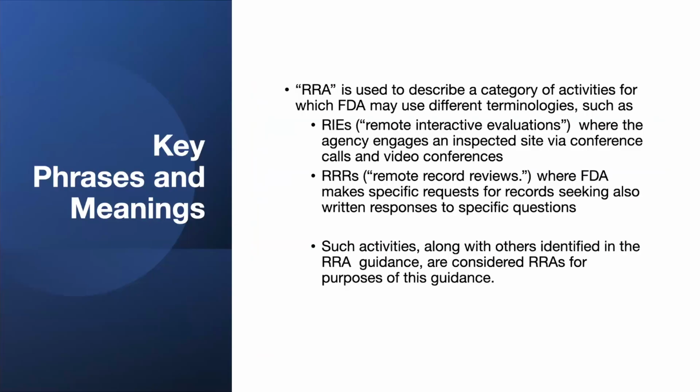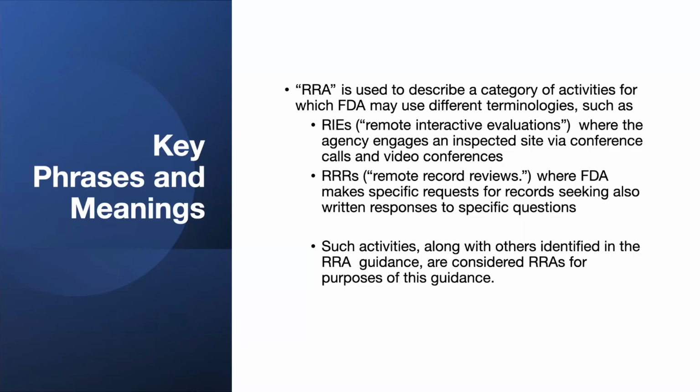So key phrases that are important to this. It's again, regular remote interactive evaluation, where the agency could even do conference calls and video conferences with you, and then remote records review, where the agency just looks at records and they may or may not require these conferences.